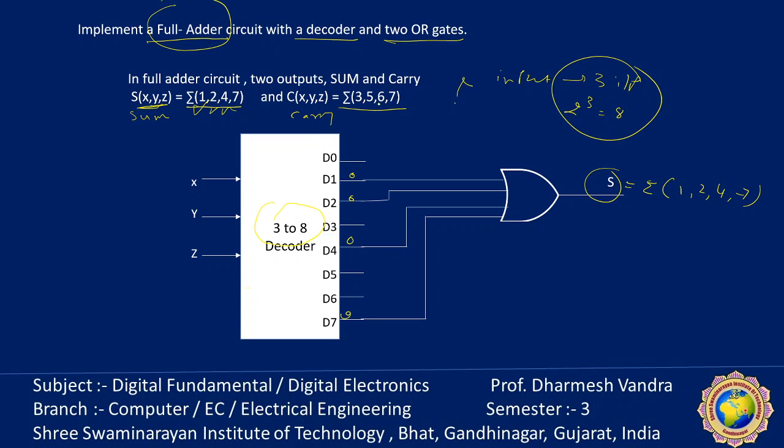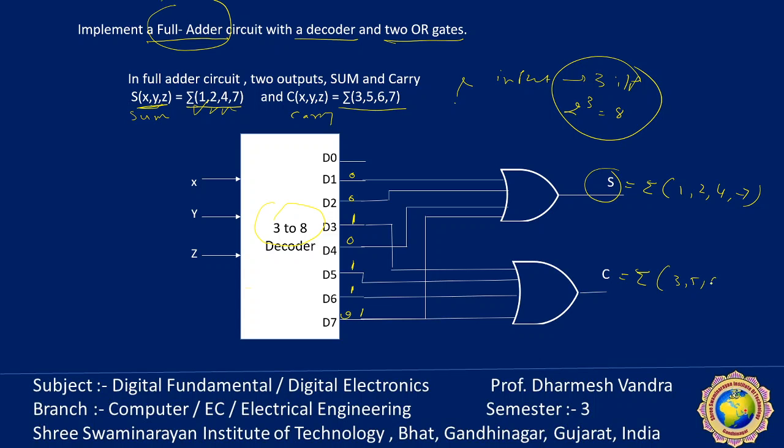While carry has outputs 3, 5, 6 and 7. 7 is in both the circuits. So these minterms are ORed, and it gives the sum of products of 3, 5, 6, 7. So this circuit works like a full adder, where we have a 3 to 8 decoder and 2 OR gates: OR gate number 1 for sum and OR gate number 2 for carry out.